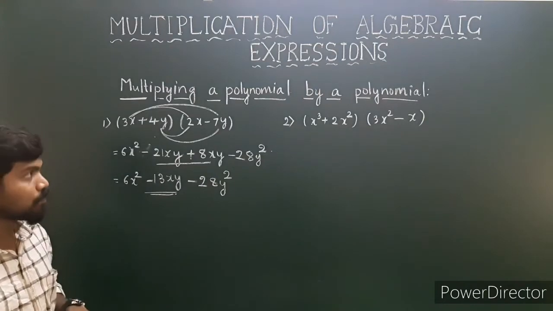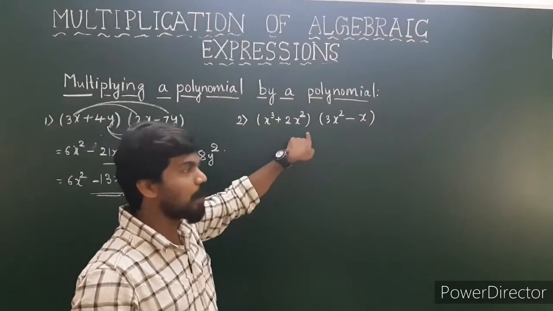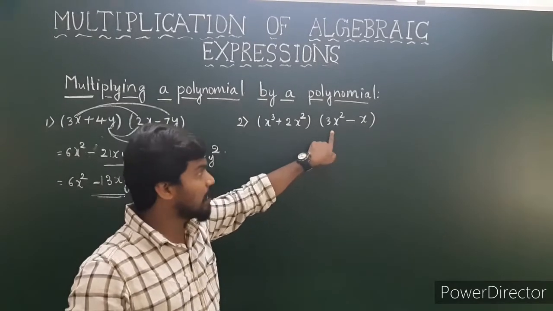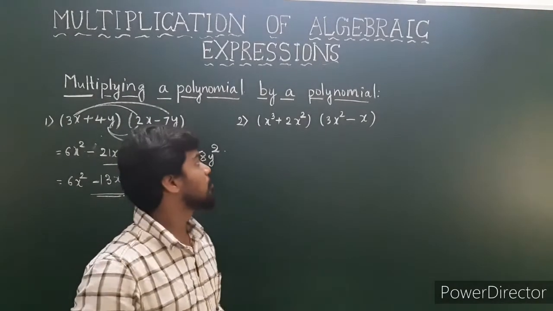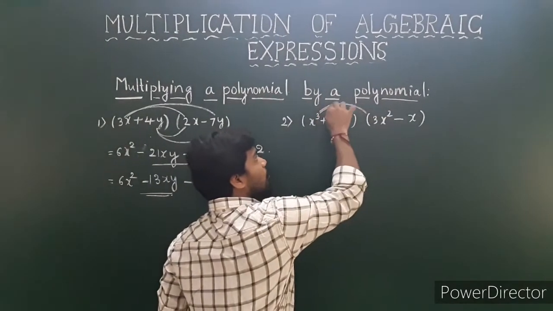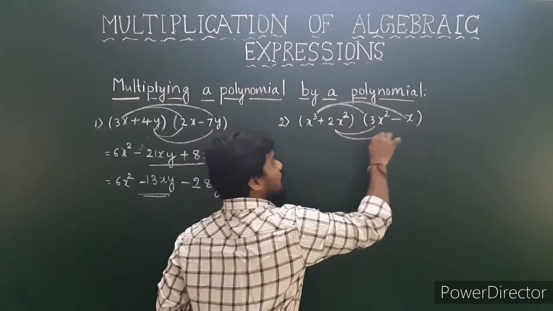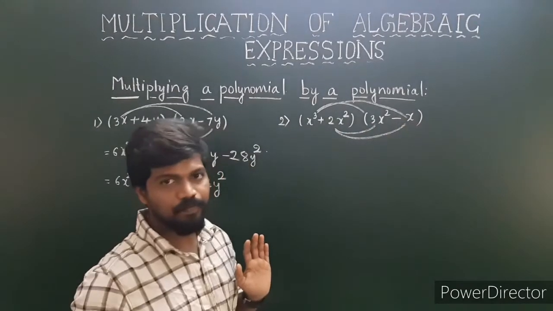Next, second question. x cube plus 2x square into 3x square minus x. First to first, first to second, second to first, second to second.